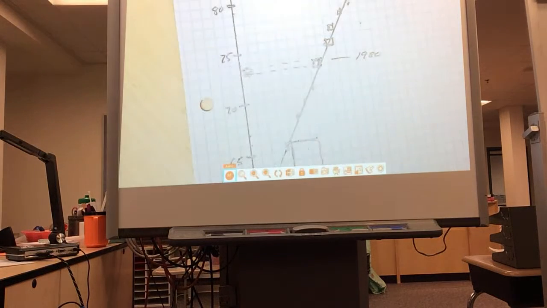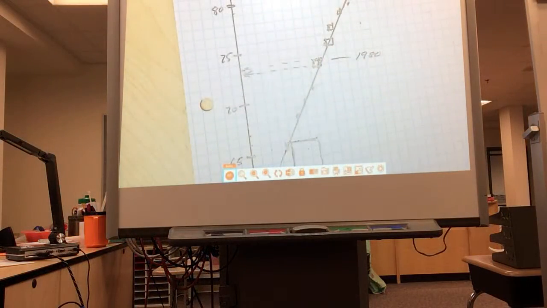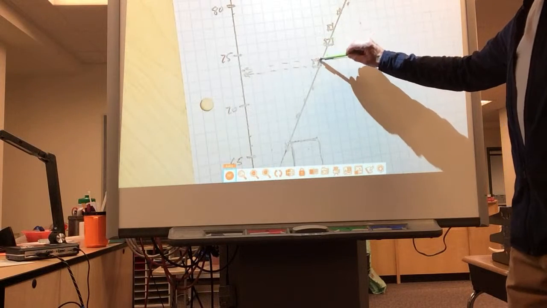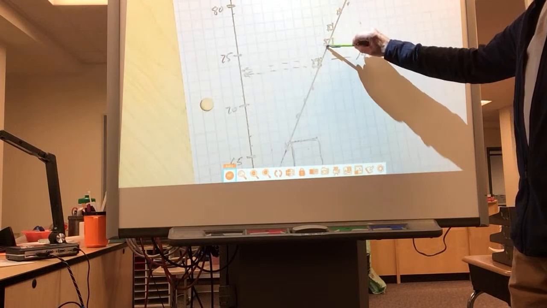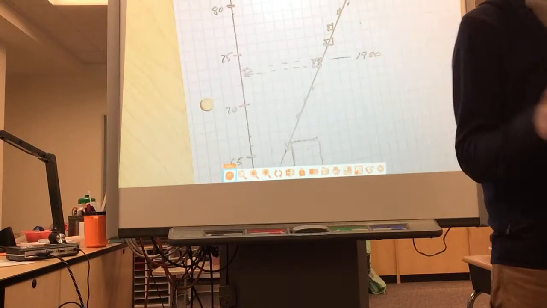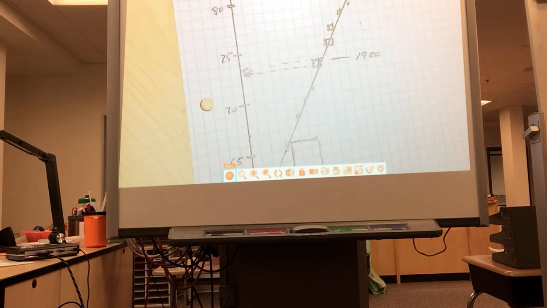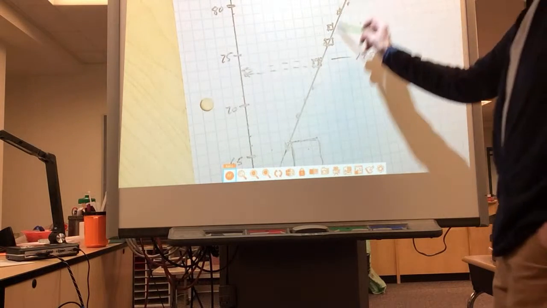And one of the ways mathematicians and statisticians are able to analyze these lines is they figure out how far each point is away from the actual line, and they square that number, and then they add all of those squared numbers up.